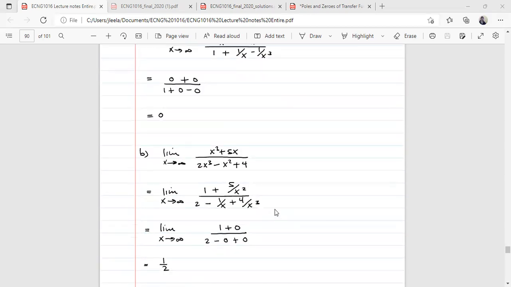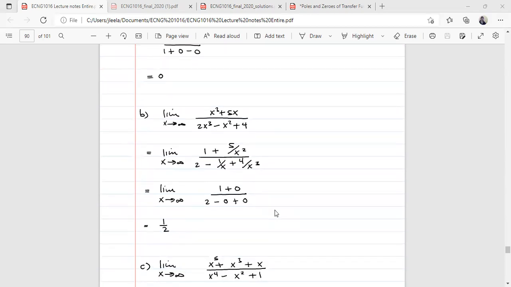Case B. So you have to divide top and bottom by x cubed. So you have x cubed divided by x cubed, which is 1. 5x divided by x cubed, which is 5 over x squared. 2x cubed divided by x cubed, which is 2. Minus x squared divided by x cubed, which is 1 over x.